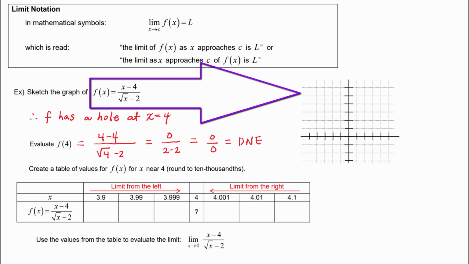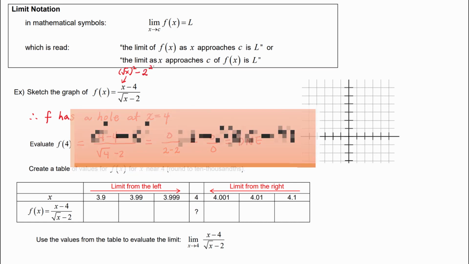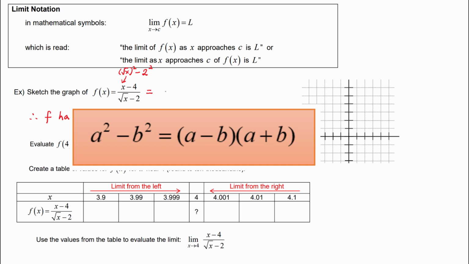Now, how do I graph f(x) equals (x minus 4) over (radical x minus 2)? It's not a very familiar function, right? But if you think about it, x is radical x squared, and 4 can be thought of as 2 squared, which makes it a difference of squares. Then this will factor as (radical x minus 2)(radical x plus 2) over (radical x minus 2).